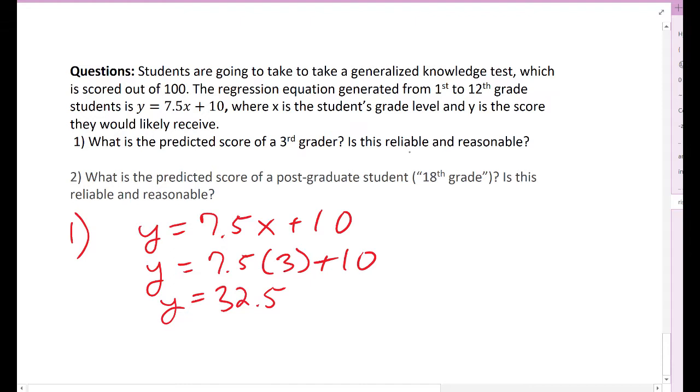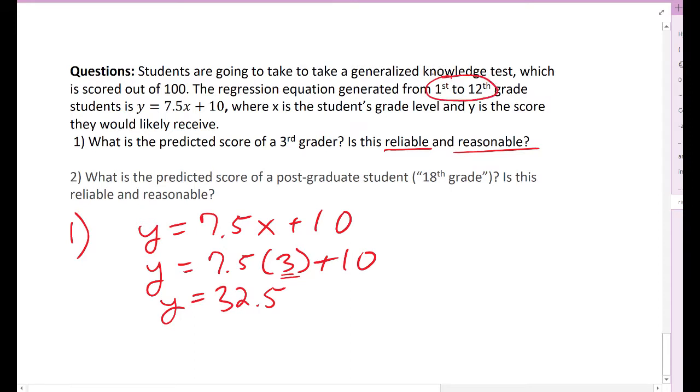So the question is this: is the answer 32.5 reliable and is it reasonable? Those are two separate questions. Reliability comes from what value of x you plugged in, and whether that x is within the spread of your original data set. For this problem, we plugged in an x value of 3. We're working with a 3rd grader, and they told us that our x's go between 1 and 12.